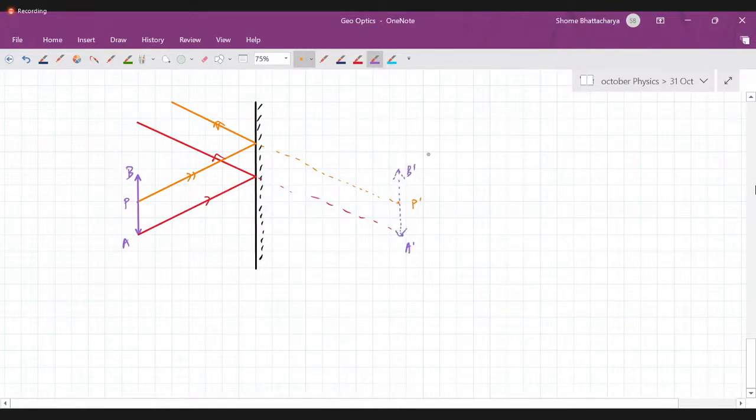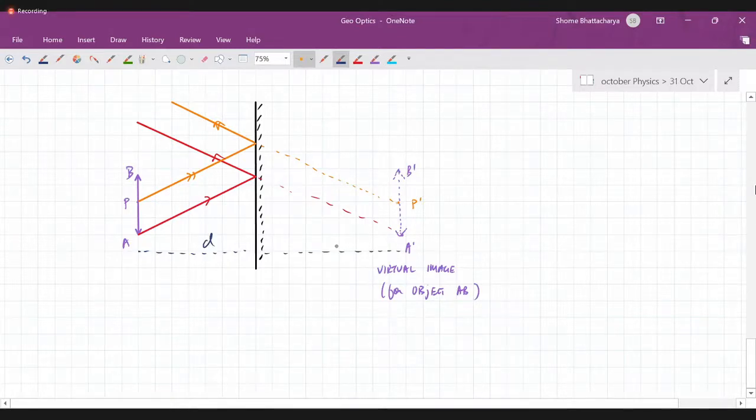So this becomes the virtual image for the object AB, such that this distance is equal to this distance.